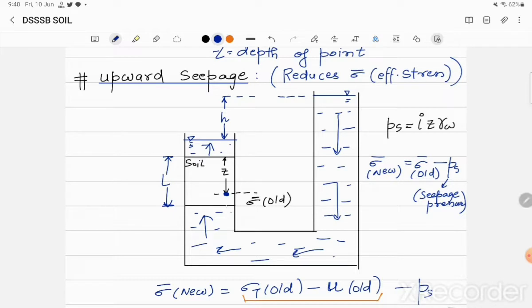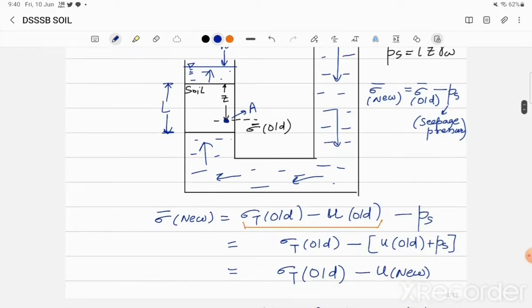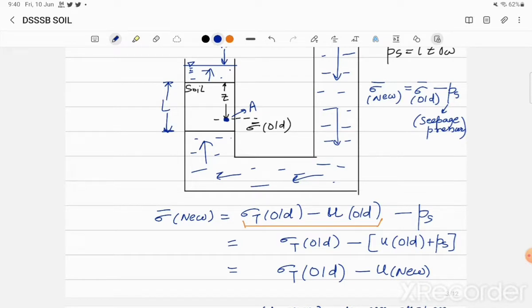Now if we ought to find out the change in effective stress at a point, say A, then as we know before, if we don't take seepage into account for a moment, there must be an effective stress already at the point A. Now if we want to find the effect of seepage over effective stress, we can find that the new effective stress sigma dash new is equal to sigma T, that is total stress, minus U, the pore water pressure, that is U old, minus PS, which is the seepage pressure.